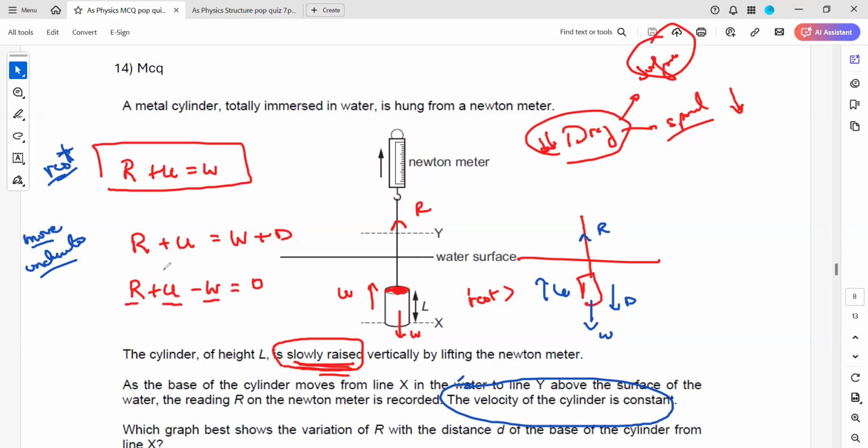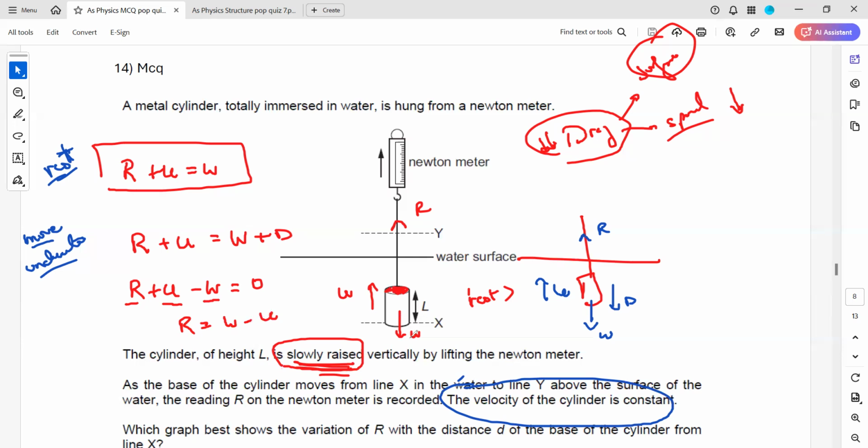The value of R should not change, because R is the weight minus the upthrust. According to this equation, we ignore the drag because the object is raised very slowly, which is the indication that the drag is negligible. So R is W minus upthrust.